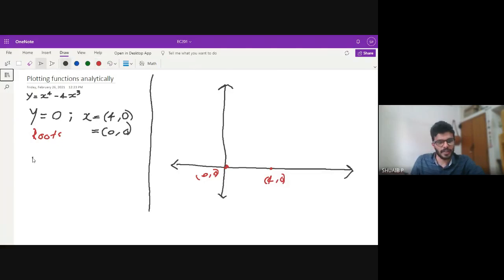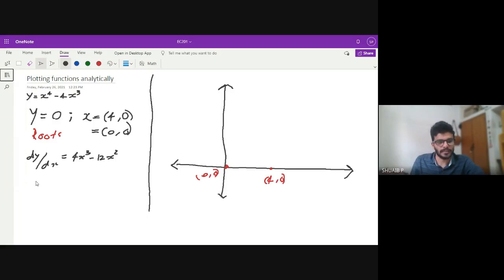Now if we calculate dy by dx, it will be 4x cubed minus 12x squared, and at extremas this function will be 0. Similar to what you did for solving for the root, you can do to get the maxima and minima.